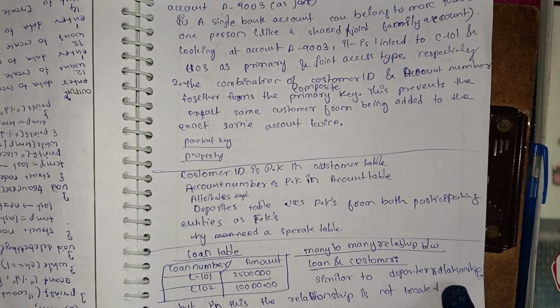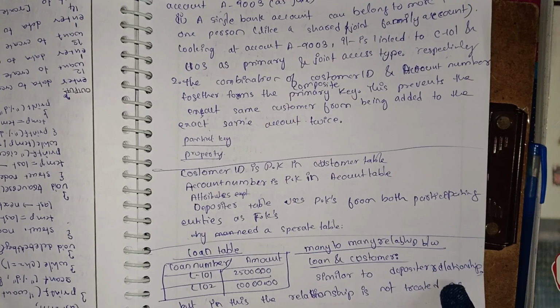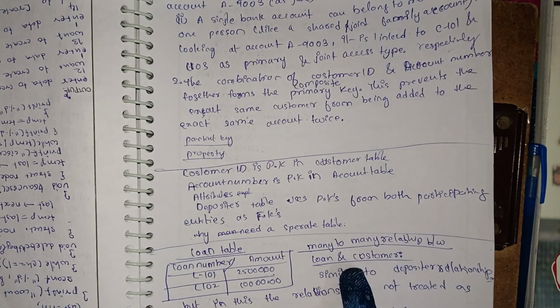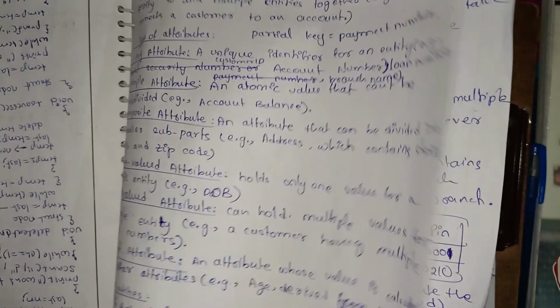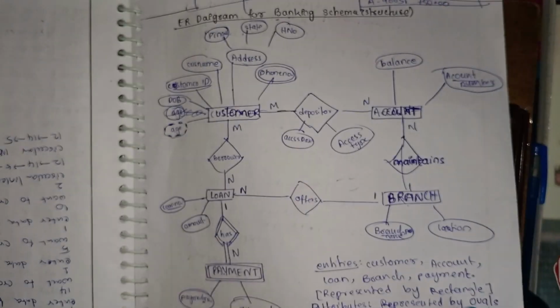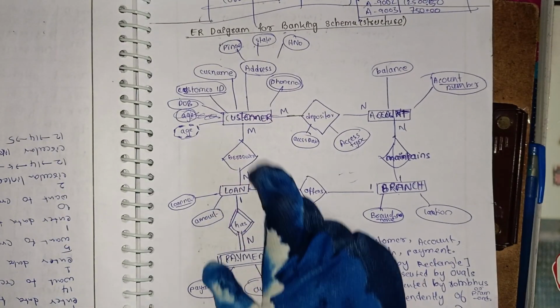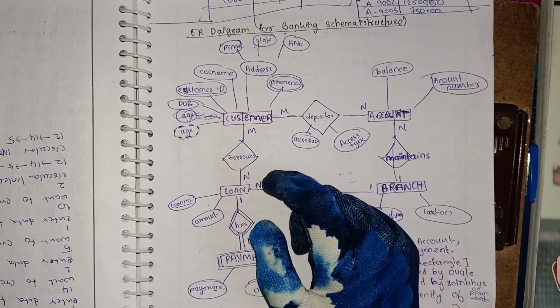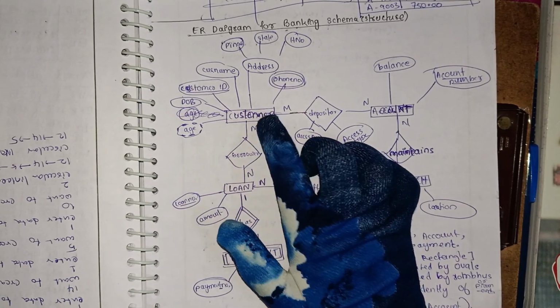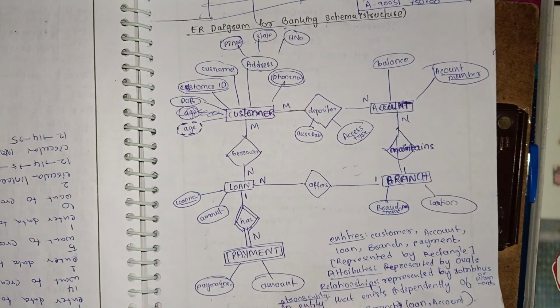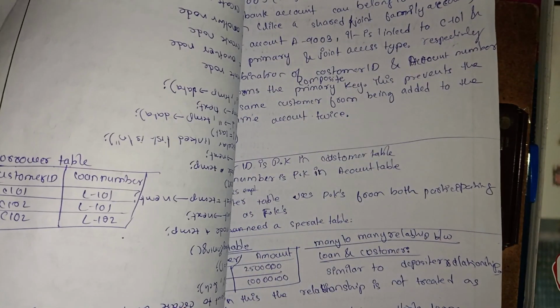Then we have a many to many relationship between loan and customer. From customer to loan, we have a many to many relationship.